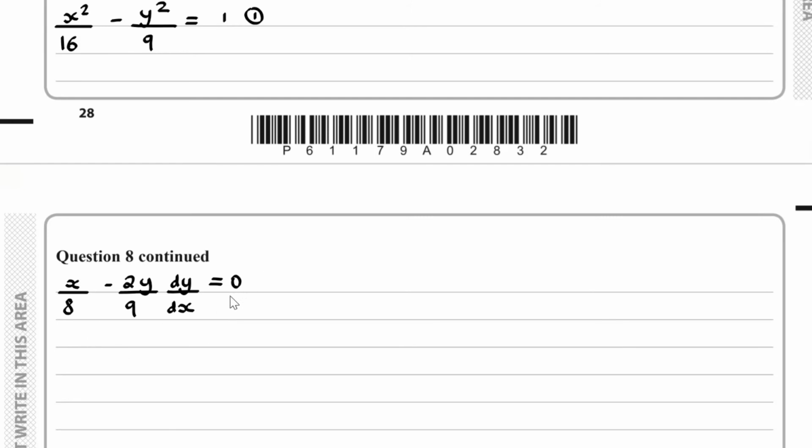So hopefully from here, if we do a slight bit of rearranging, you can see dy over dx. Actually, we'll write it out in full. We have 2y over 9 lots of dy over dx equals x over 8.